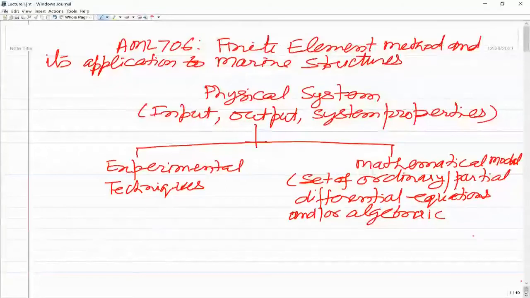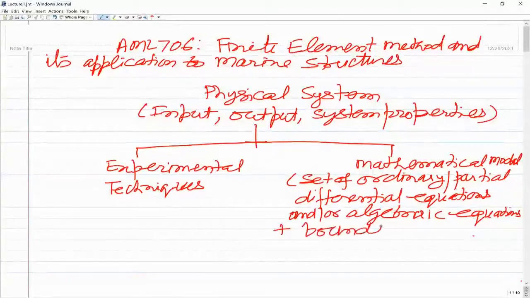And together with boundary and initial conditions depending on the problem. Sometimes only boundary conditions may be there, sometimes both boundary and initial conditions may be there.